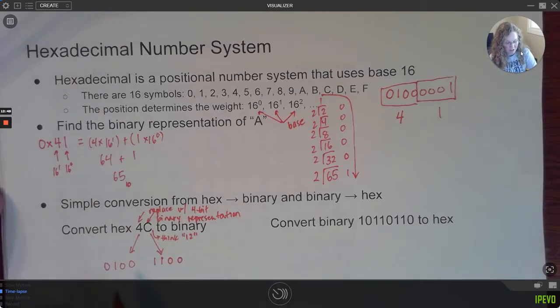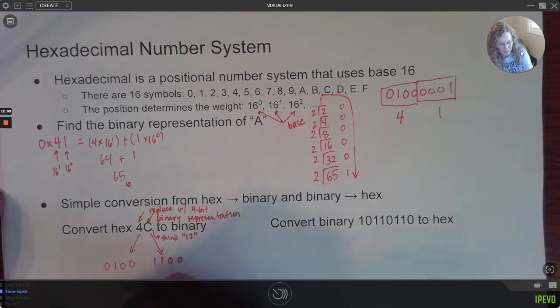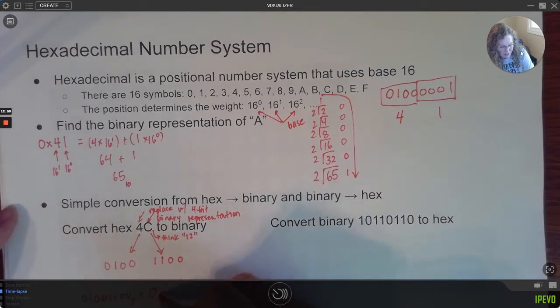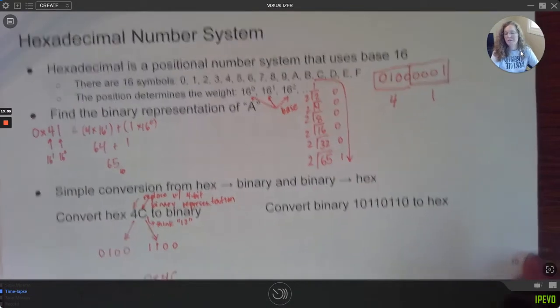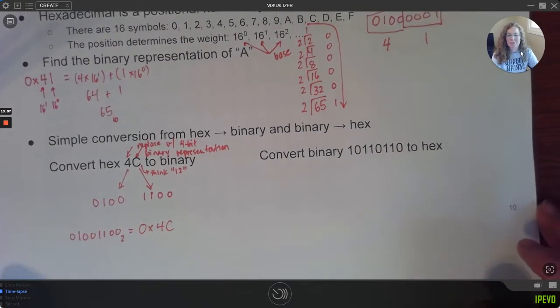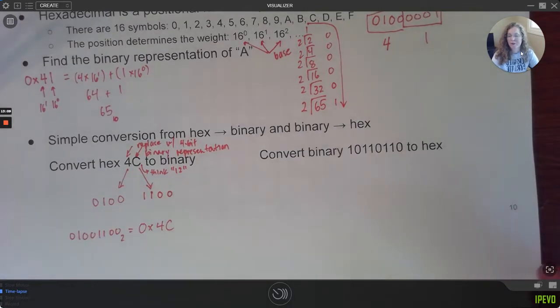And so now I have the 8-bit binary representation. So 0, 1, 0, 0, 1, 1, 0, 0 base 2 is the same as the hex number 4C. So very quick and easy conversion from hex to binary. And of course, if you just run that process backwards, it's very easy to convert from binary to hex as well.